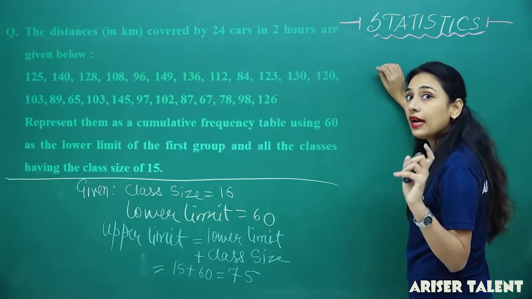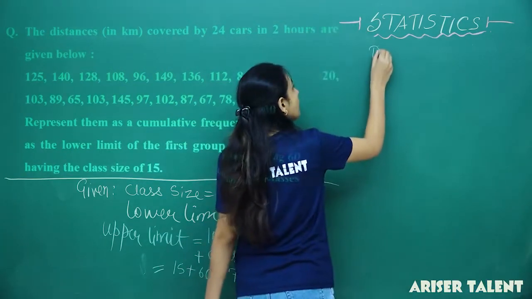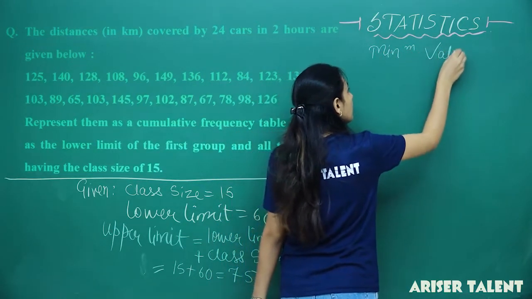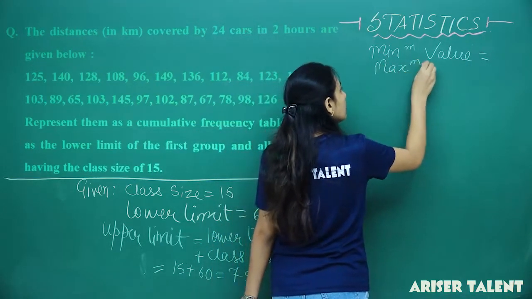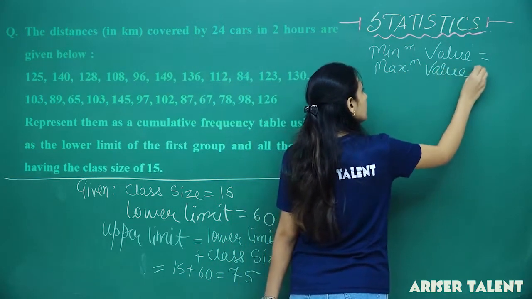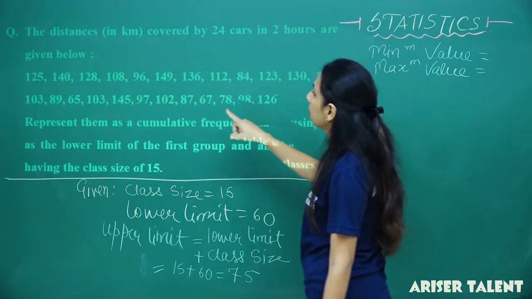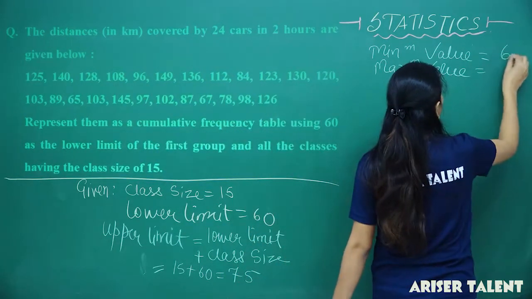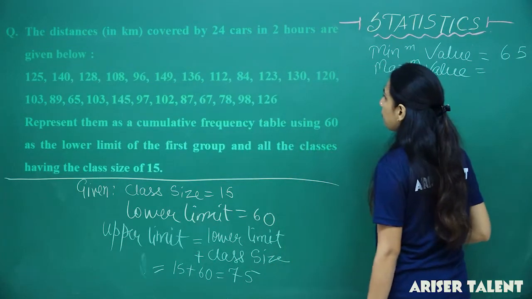Now you are having the minimum value and the maximum value. So the minimum value here is 65, nothing less than 65. We have done this kind of thing in the previous question also.